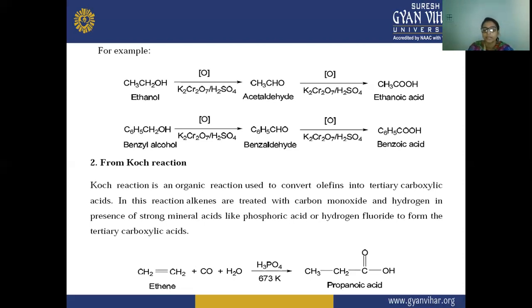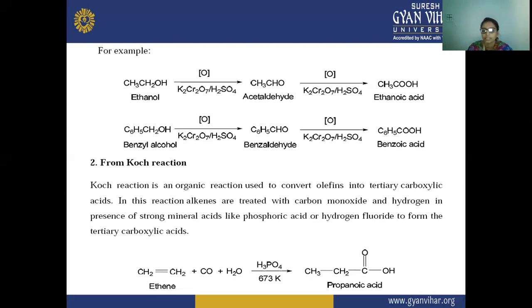aromatic carboxylic acid, an aromatic carboxylic acid is formed from benzyl alcohol. This benzyl alcohol is oxidized in the presence of K2Cr2O7 and H2SO4, which is actually the catalyst. After that, benzaldehyde is formed, and this benzaldehyde is oxidized in the presence of K2Cr2O7 and H2SO4 to form benzoic acid.